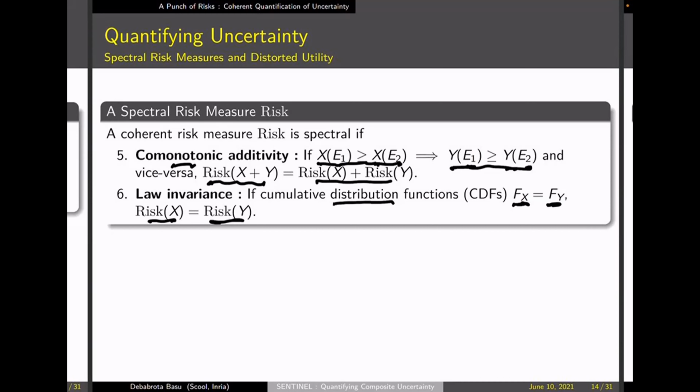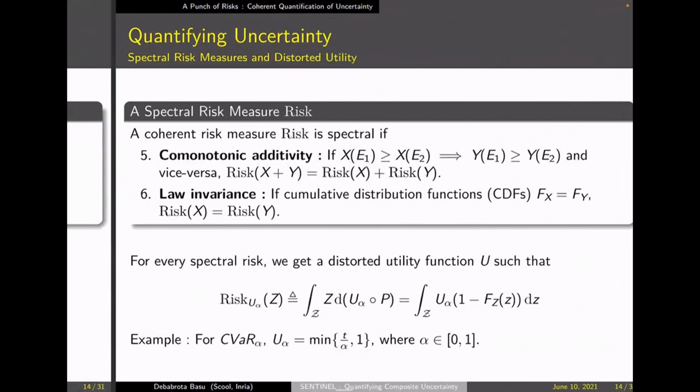And if this happens, we see that there is always a utility function, and we can come to our traditional comfort zone of decision making: there is something called a distorted utility function, so that you can write this not only as an integration of Z, but with a distorted CDF, that is, U composed on P, basically.